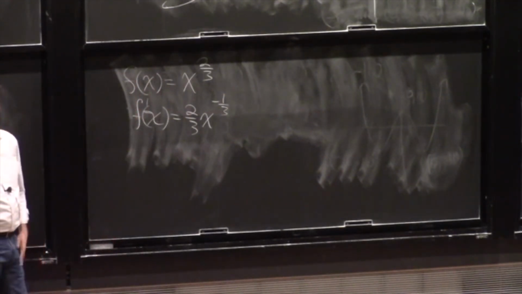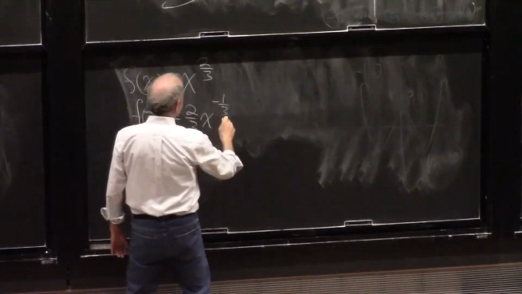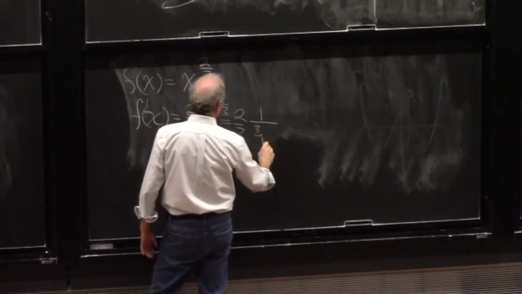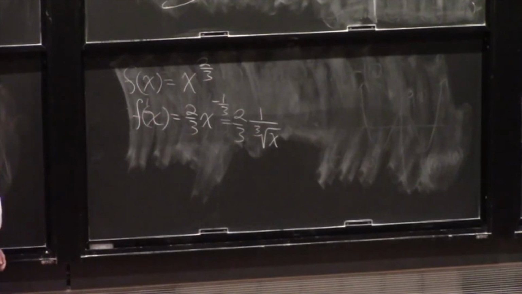Where is that 0? You want to say 0, don't you? It is not. Because remember, this is 1 over the cube root of x. So it's actually undefined at 0.